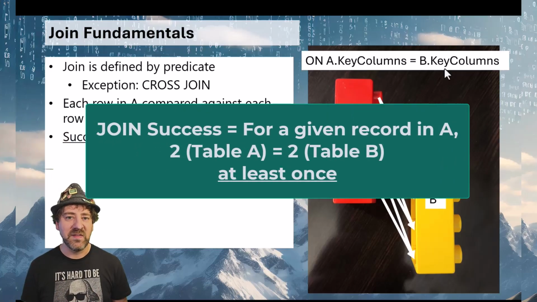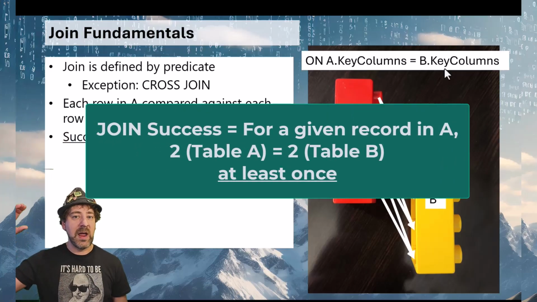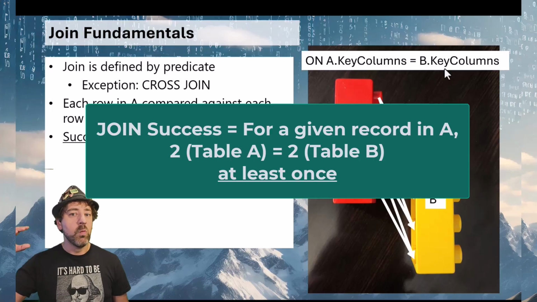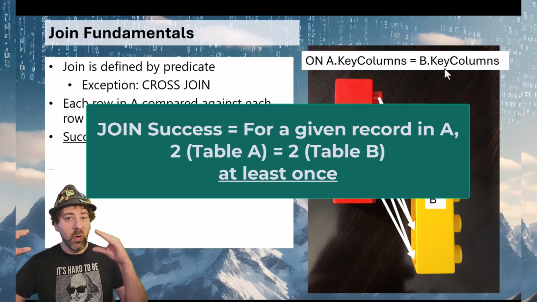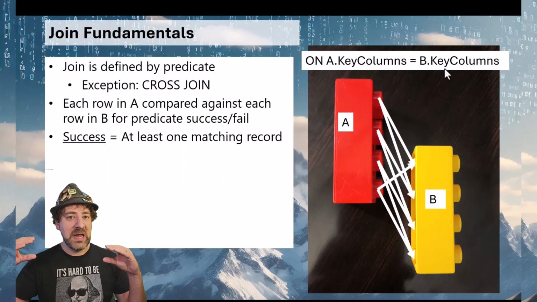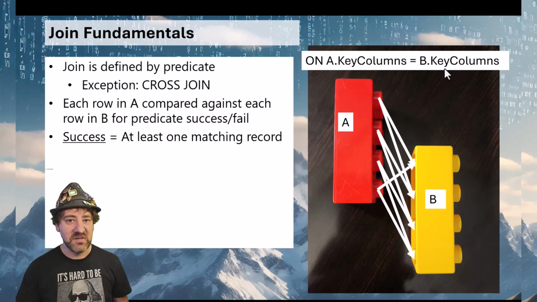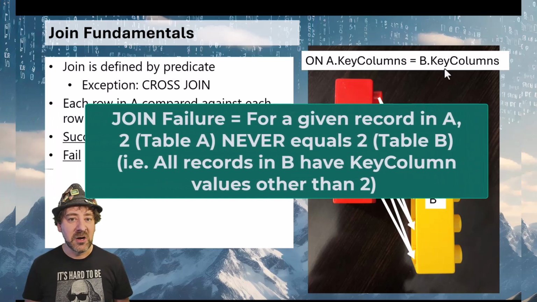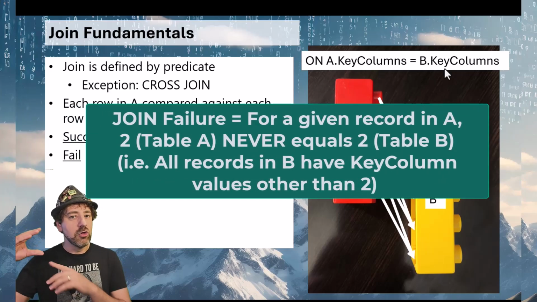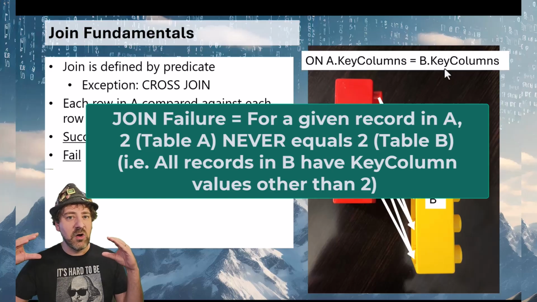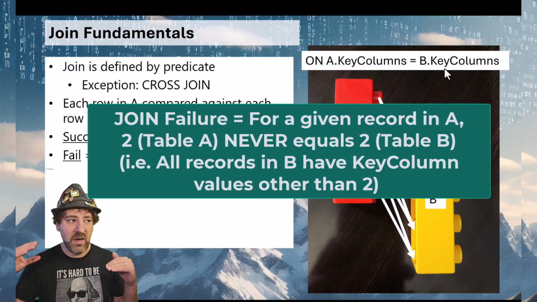Success means we find at least one matching record, which means for a record in A, we find at least one successful record in B. That is considered success. Failure means that a record in A looks in B to find a corresponding record based on the predicate, and it finds no match whatsoever.